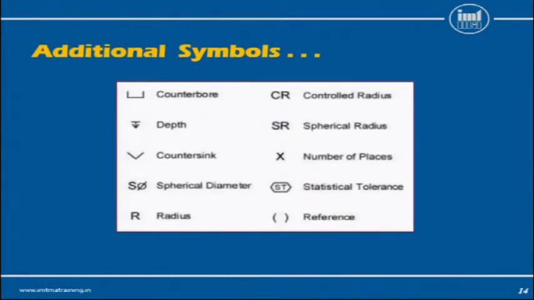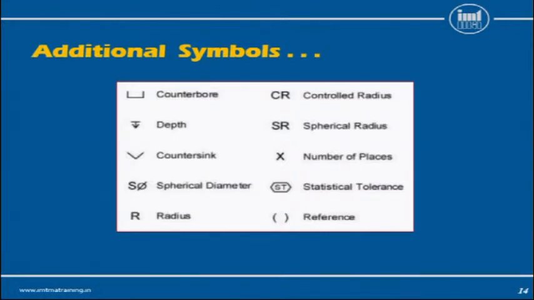In addition to the modifier symbols, we have yet another group of symbols called additional symbols, and the sole purpose of these additional symbols is to make the engineering drawing neater and clutter free by minimizing your writings or what you call notes written in the drawing.